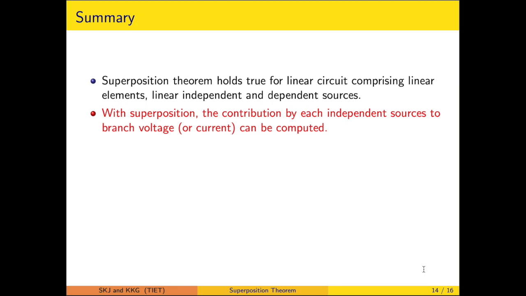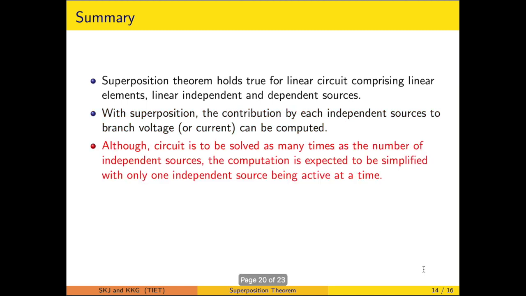It is not applicable to the power calculation because that is a non-linear relationship. The only drawback of this particular method is that we have to solve the circuit as many times as the number of independent sources. So that is the drawback.